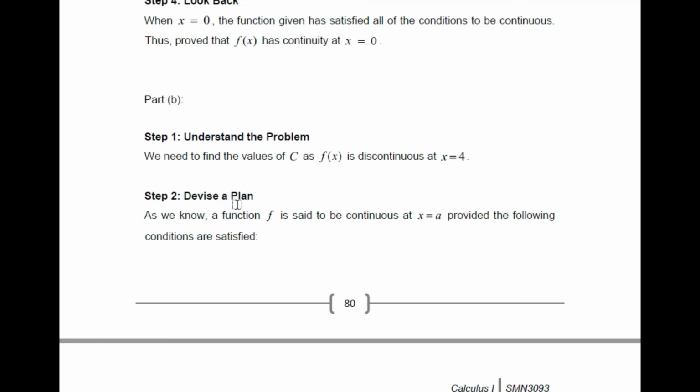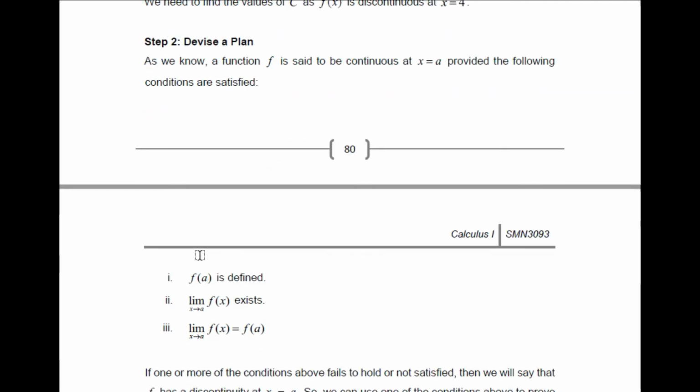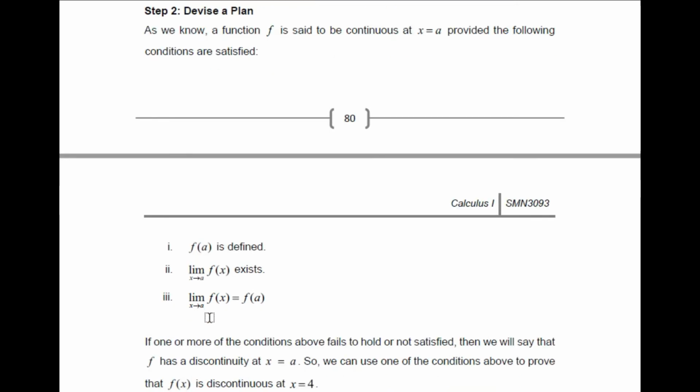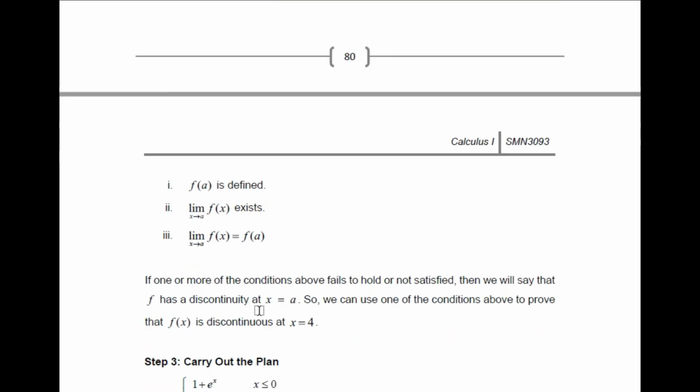Step 2, devise a plan. As we know, a function f is said to be continuous at x equals a provided the following conditions are satisfied. For the first condition, f(a) is defined. The second condition, the limit of f(x) as x approaches a exists. And the last condition is the limit of f(x) as x approaches a equals f(a).